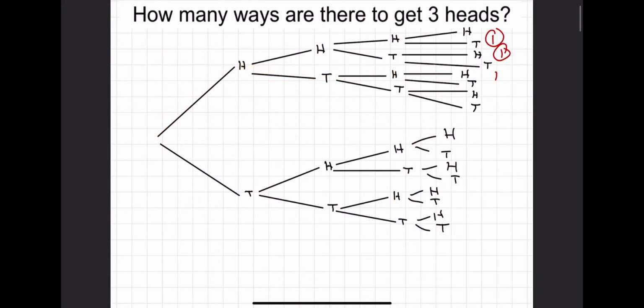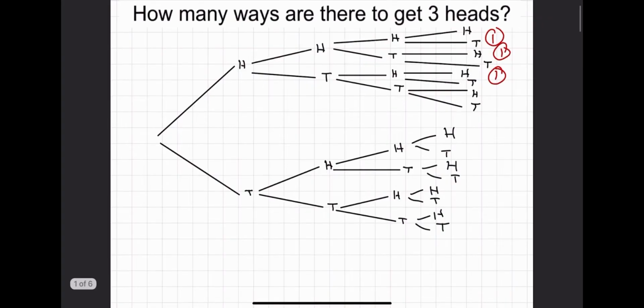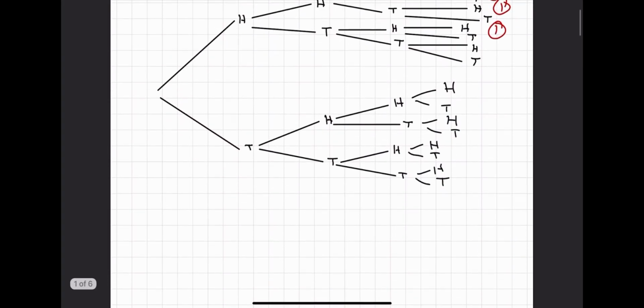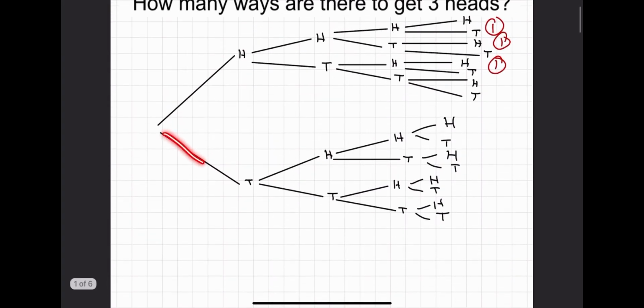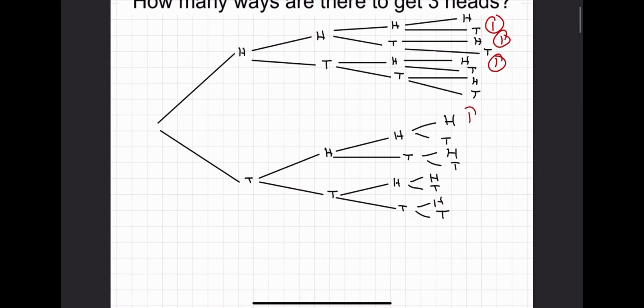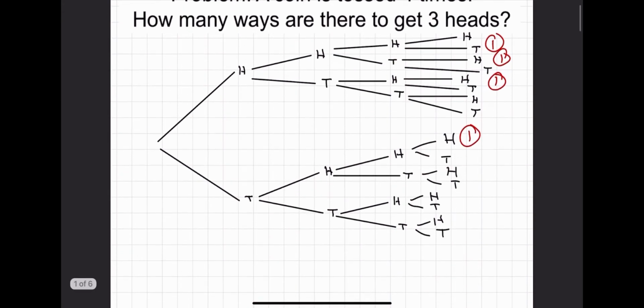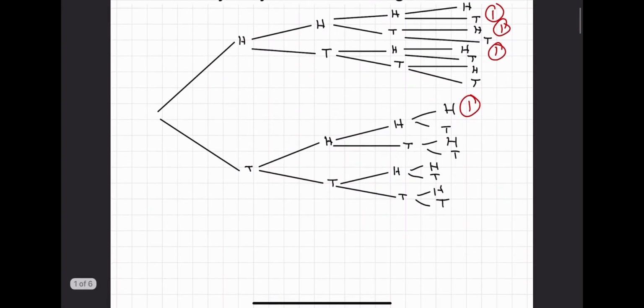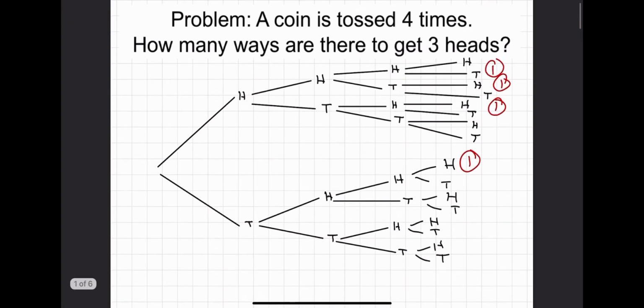Got another way. Is there anywhere else? We've got tails, heads. I'm trying to see, do we have any other ways where we can get 3 heads? Tails, heads, tails, heads. No, I think that's all. We've got all the options where you can get 3 heads.